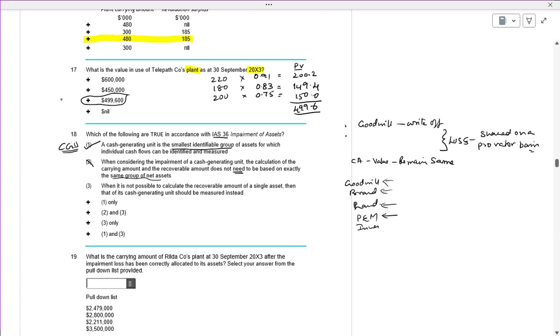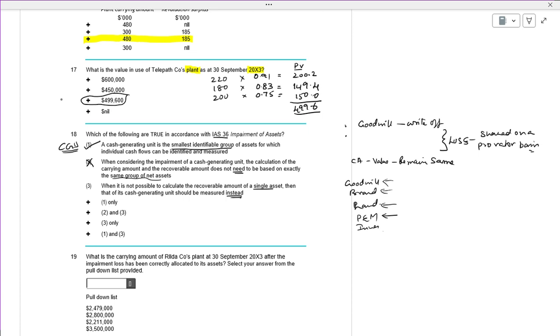When it is not possible to calculate the recoverable amount of a single asset, then the cash generating unit should be measured instead. Sometimes it's not possible to calculate the recoverable amount of a single asset.